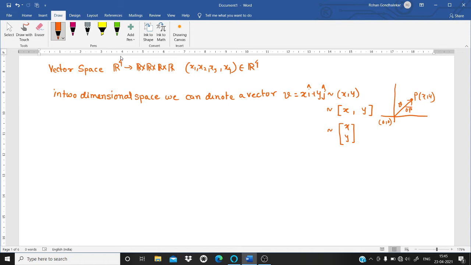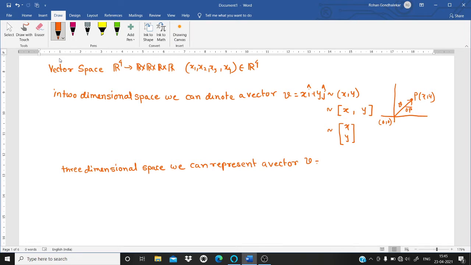Similarly, in three-dimensional space, we can represent a vector.